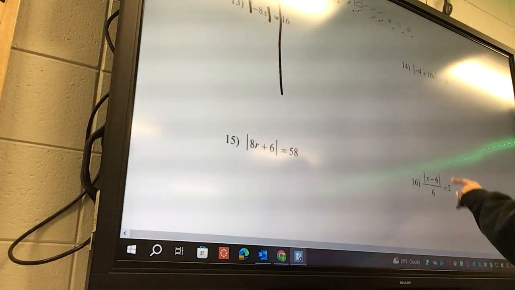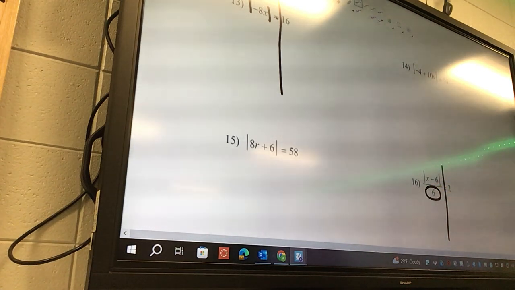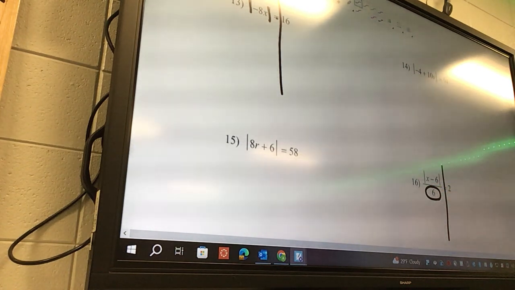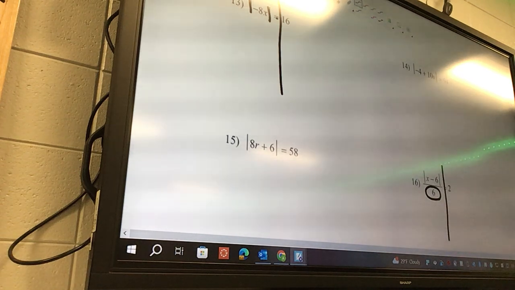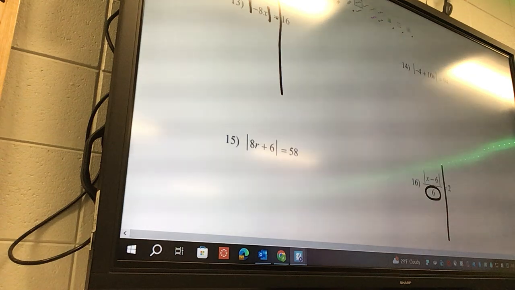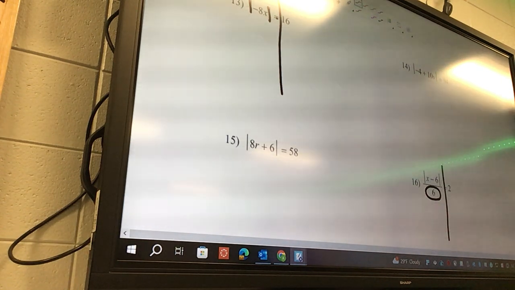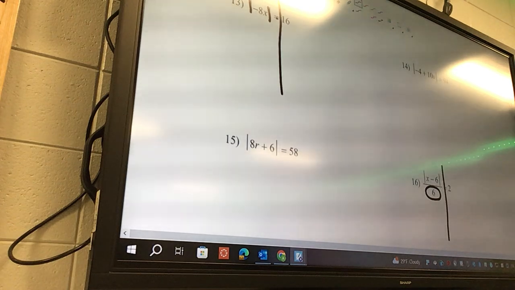The 6. Okay, the 2, that's not on the left side. So the 6 would have to get moved before you can set the second equation up, okay? Look at 17. Who is hanging on the outside of the bars? The 10, 18, the 2. Okay, all of those have to get moved first.